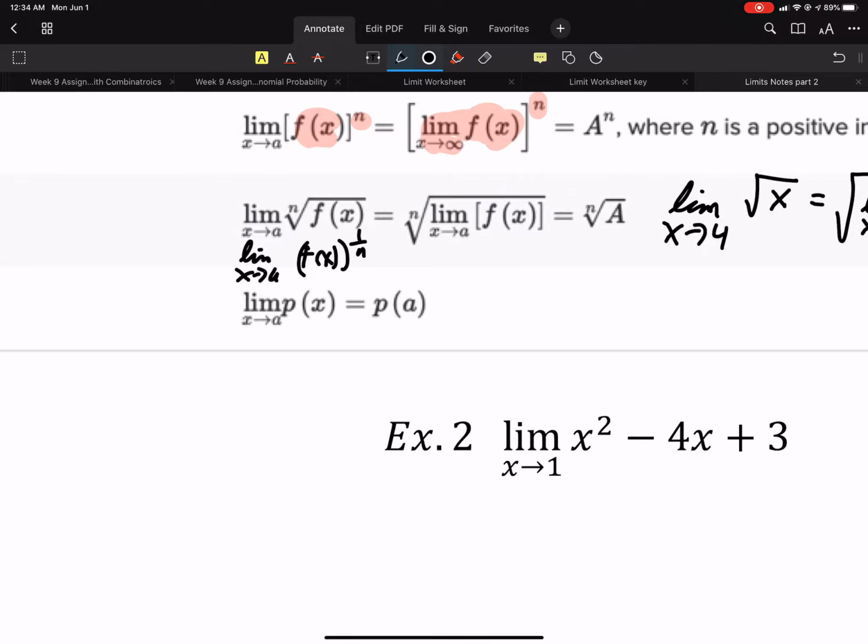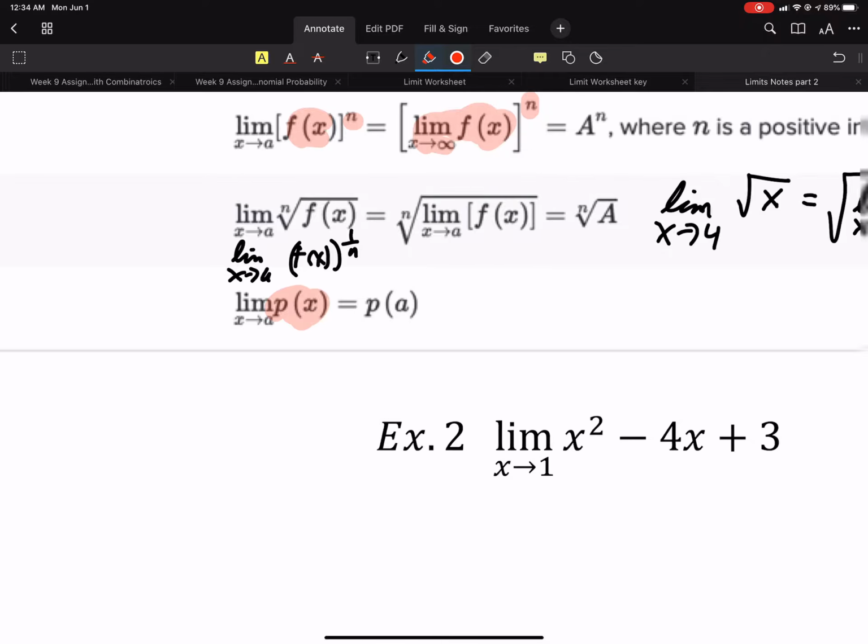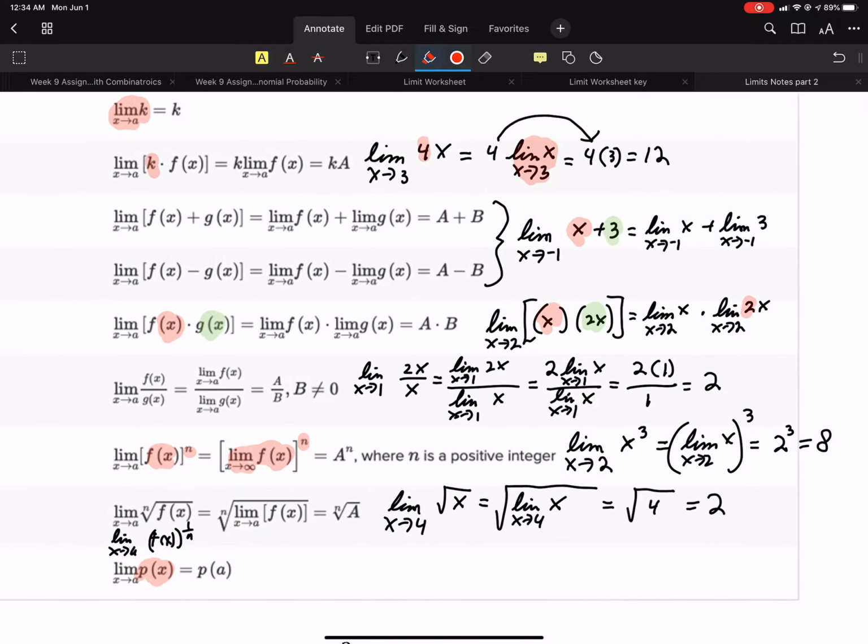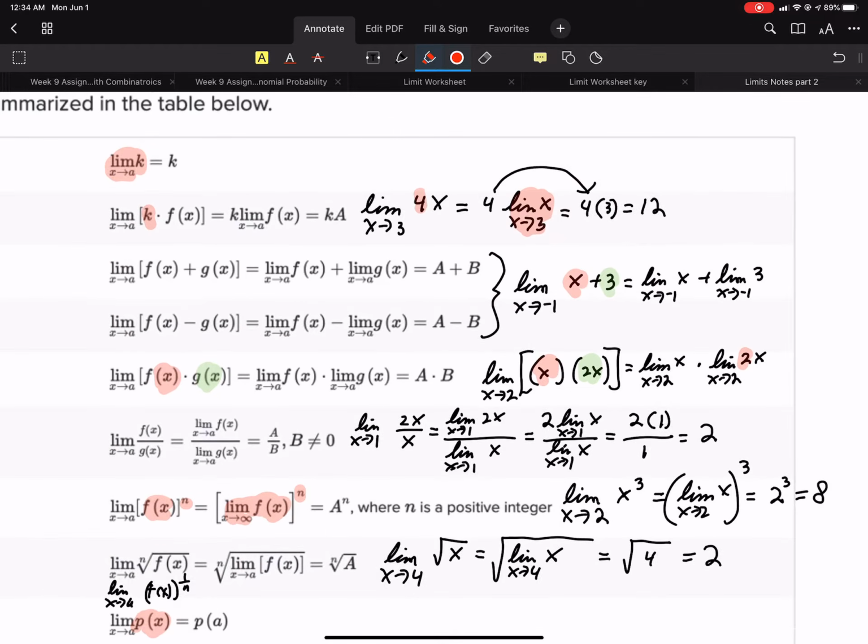So basically, here's what's happening. They're saying if you have a polynomial function, well, for example, the x plus 3 we had here, that's a polynomial function. This is 2x squared. Basically, it's a polynomial function.